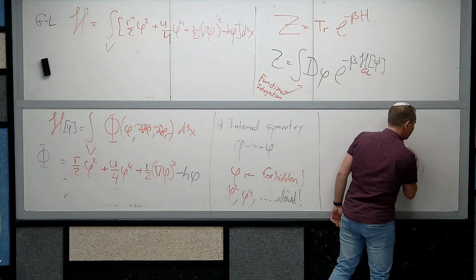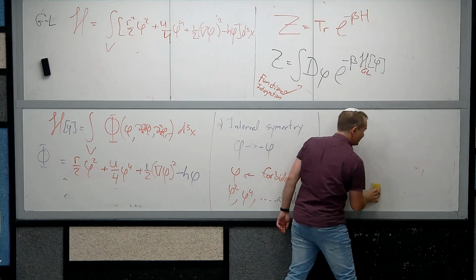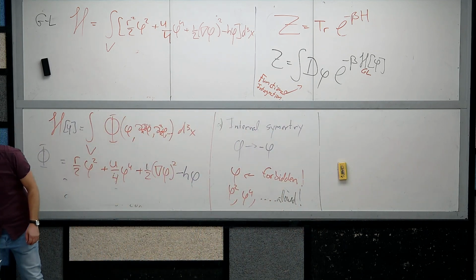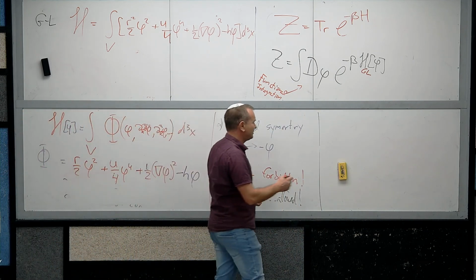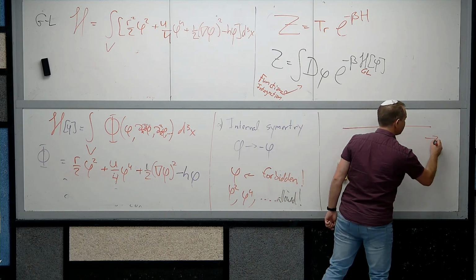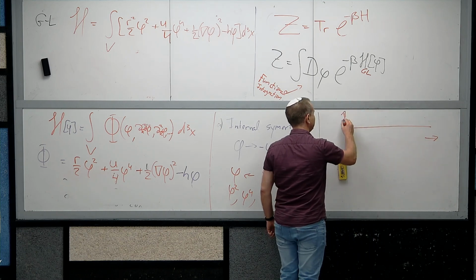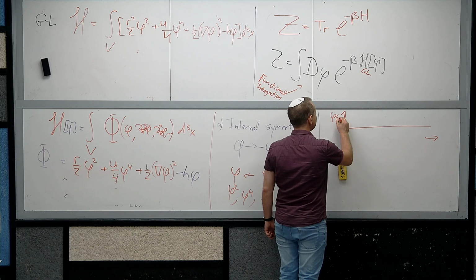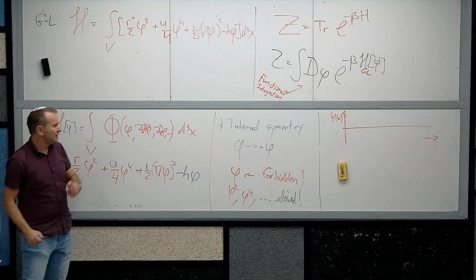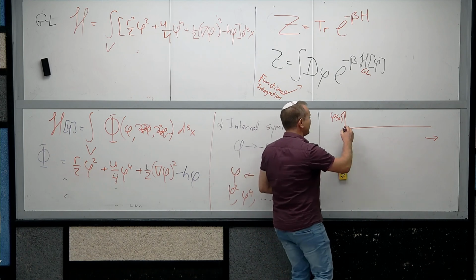But actually, it's easier to describe it in one-dimensional setting. So let's assume that you have one-dimensional Ising model, and it lives on one line. This is x. So phi of x, you can say, well, what is my field? I would say to you, well, your field looks like this.